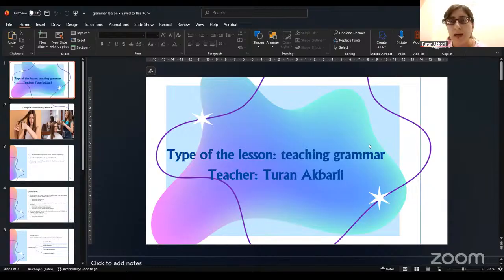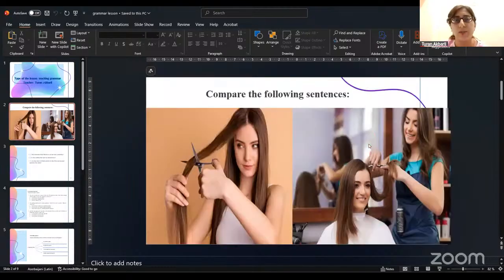So I show them pictures in this way, and I ask them to compare these two pictures, and I ask them, for example, what can you see here? Even I make a story. For example, this is a beautiful young lady, Jane. She is cutting her hair on her own, by herself, and in another picture you see that she's in a beauty salon, and the hairdresser is cutting her hair.